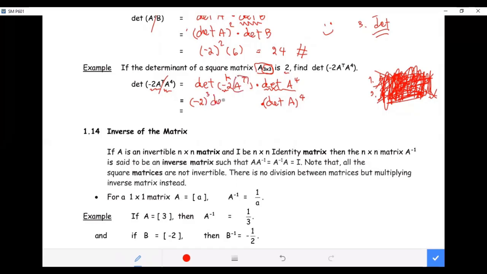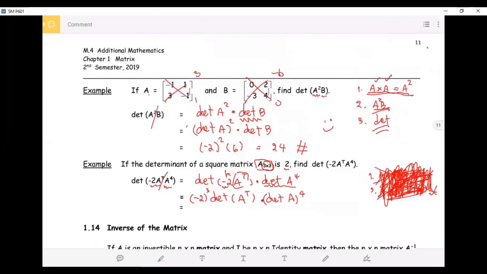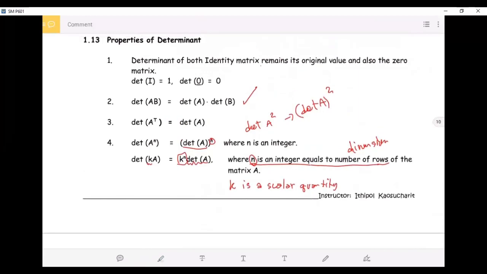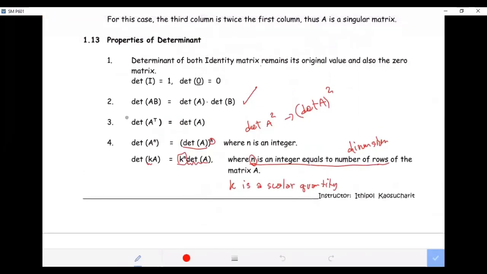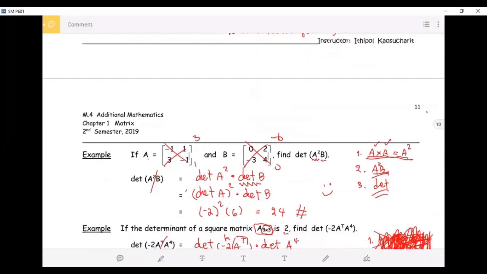So multiply with your det of A transpose. Now you don't know how to deal with A transpose, so let's go back. We have information there: det A transpose is equal to det A. So they are equal.